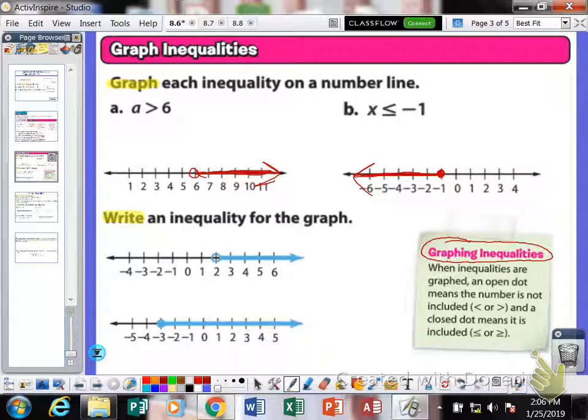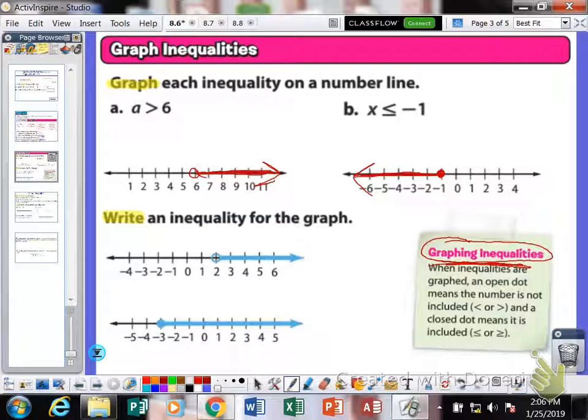For our next two, we have write an inequality for the graph. Again, keeping in mind what we have down here. We have an open dot at 2, and our arrow is going to the right. An open dot signifies that we're using either a less than or greater than sign.